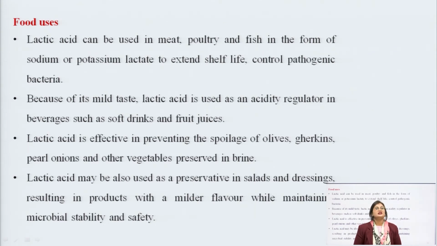Lactic acid is effective in preventing the spoilage of food such as canned olives, gherkins, pearl onions and other vegetables preserved in brine. So, basically these are used as preservatives which prevent the canned food material from spoilage, namely olives, gherkins, pearl onions and other vegetables.